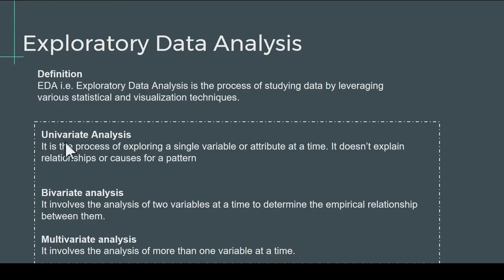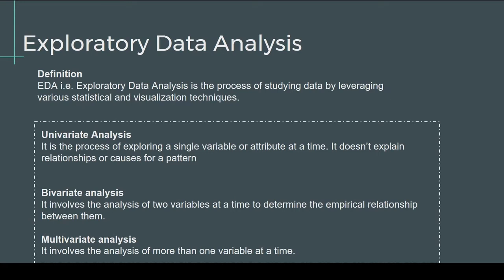The first one is univariate analysis. As the name suggests, univariate is a process of exploring a single variable or an attribute at a point of time. It doesn't really explain the relationship or the causes for a pattern. To take an example, let's say we have conducted a test among 100 students and you're trying to understand how students fared in this examination.